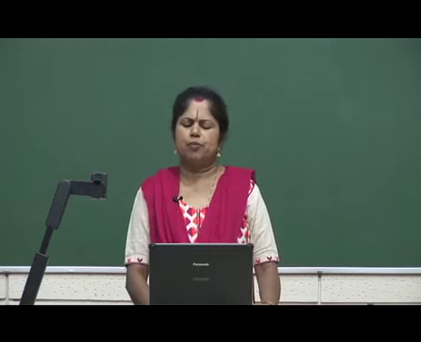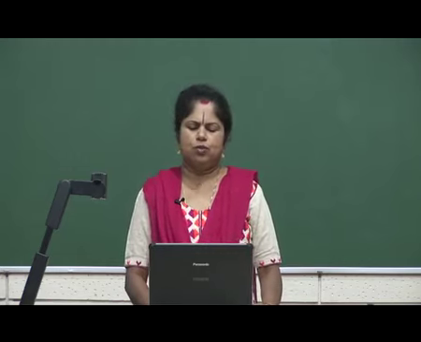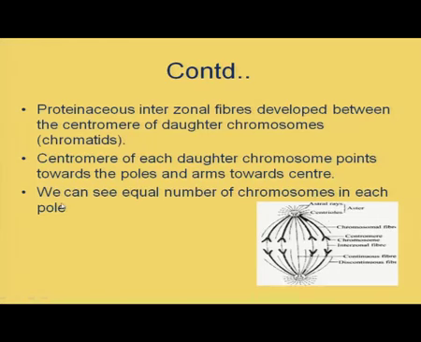We can see an equal number of daughter chromosomes at each pole. Here you can see 1, 2, 3, 4 chromatids, or we can say daughter chromosomes. Here also you can see 4 chromatids or daughter chromosomes. So, at each pole we can see an equal number of daughter chromosomes in this stage.